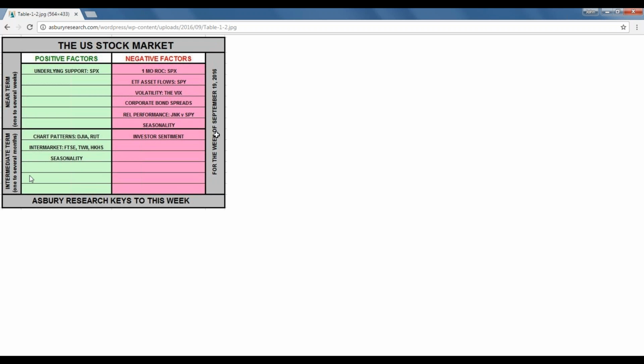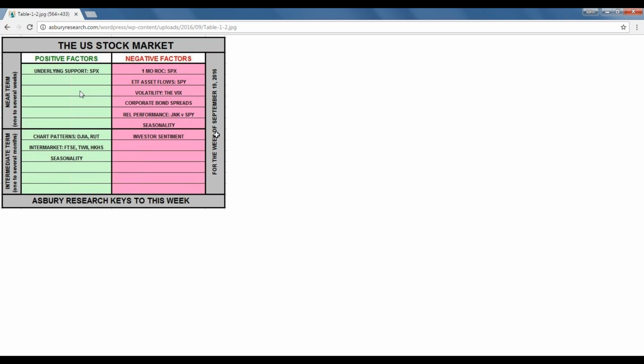And then if you look at the intermediate term, you can see they're not as populated, but there's more intermediate term positive entries than there are intermediate term negative ones. You can look at this very quickly and determine that most of the bias heading into this week is near-term negative. But over the intermediate term, our bias also favors the positive.